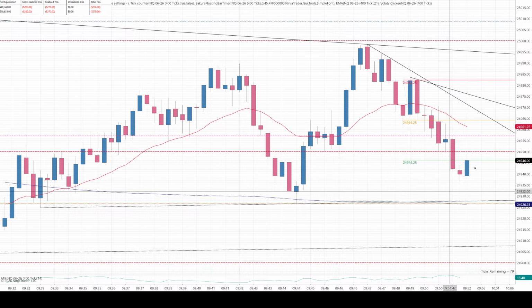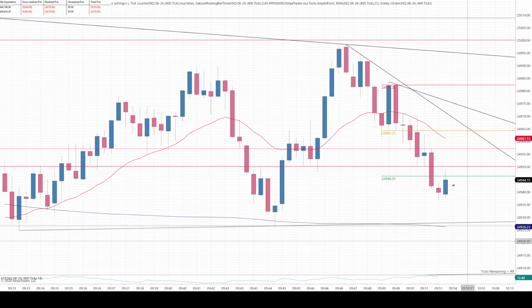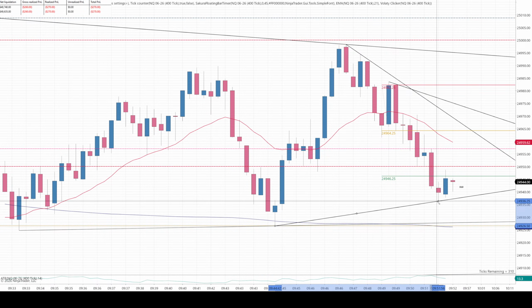Making our way back up to 950 potentially. Which gives us a higher low.